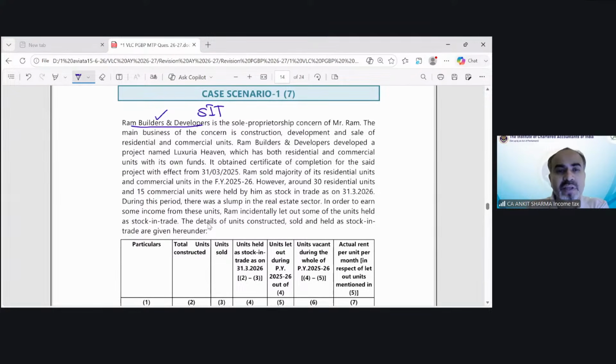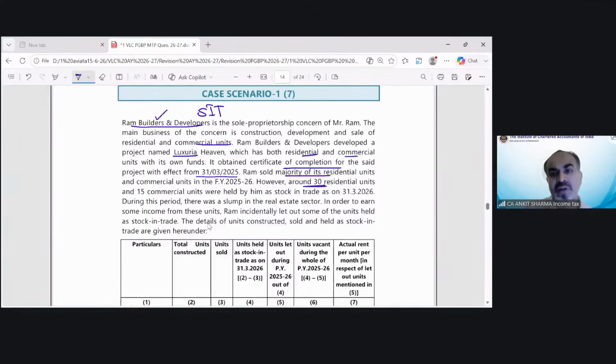The question says the main business of the concern is construction, development, and sale of residential and commercial units. Ram Builders and Developers developed a project named Luxuria Heaven, which has both residential and commercial units. It obtained the certificate of completion on 31st March 25. Ram sold the majority of its residential and commercial units.